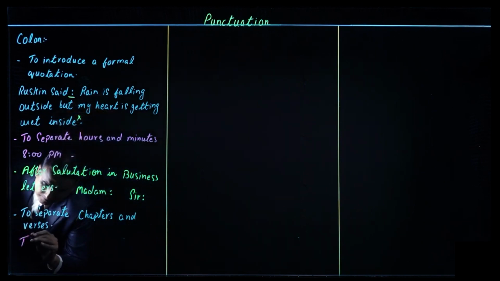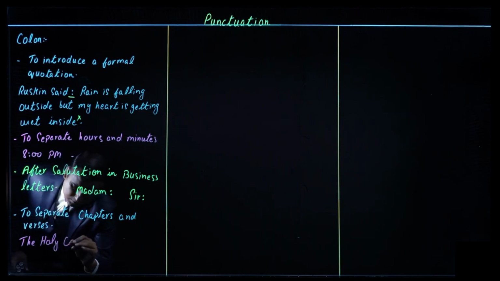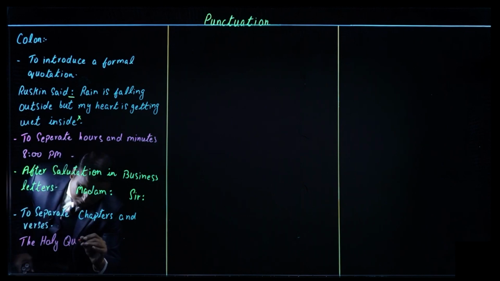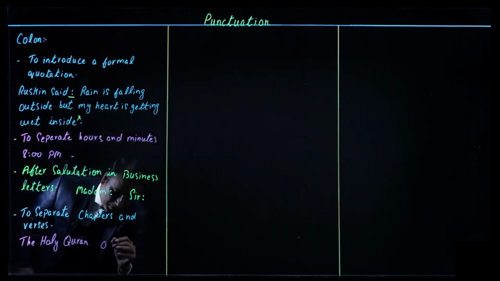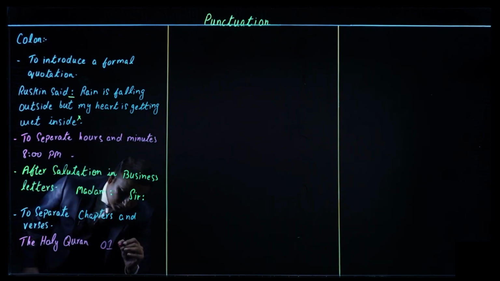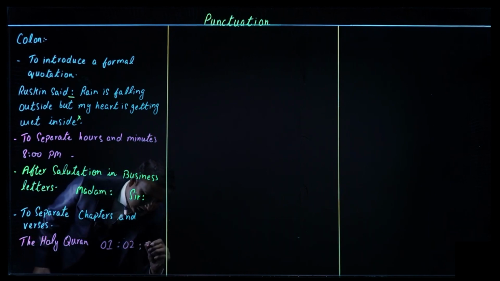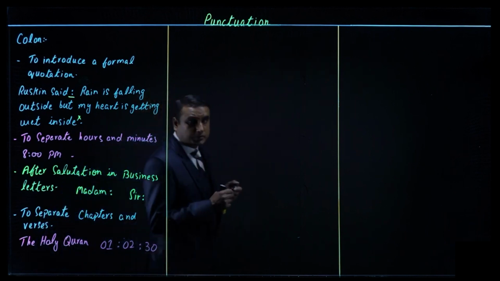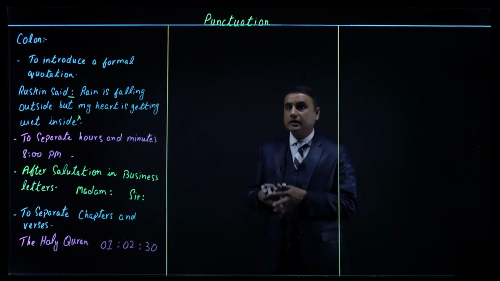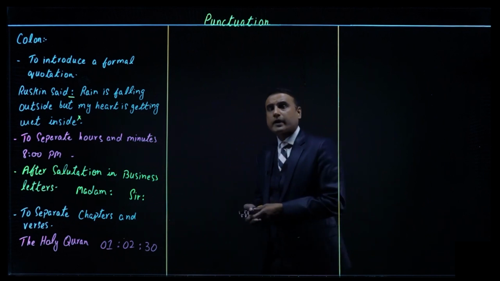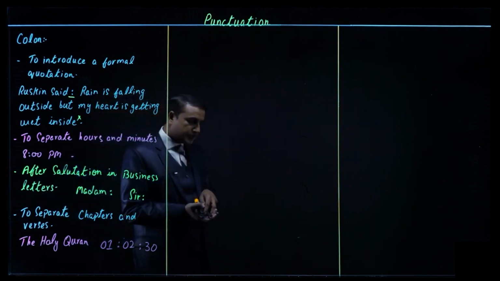Like I say, the Holy Quran 01, 02, and then 30. So it means para number 1, surah number 2, and verse number 30. So this is how it goes, and we use colon only for these specific reasons.